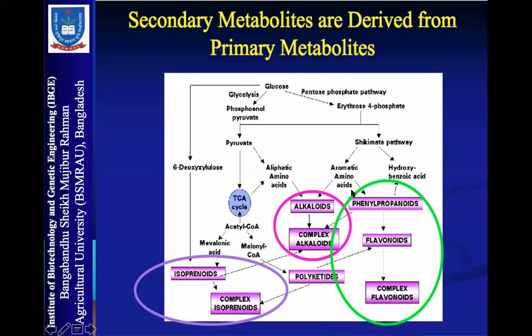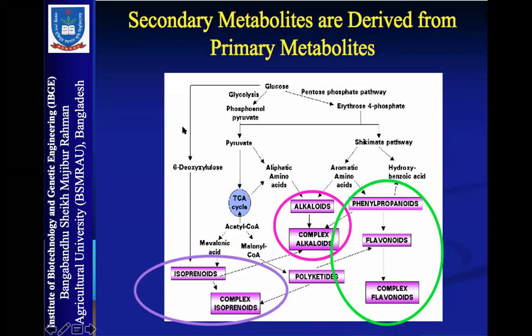Some of the aromatic amino acids are used in the phenylpropanoid pathway to synthesize different kinds of flavonoids and complex polyflavonoids, or phenolic compounds, which are secondary metabolites. Hydroxybenzoic acids can be generated from the shikimic acid pathway in another chain, and this molecule can also be used in phenylpropanoid or flavonoid or complex flavonoid or phenolic compounds.